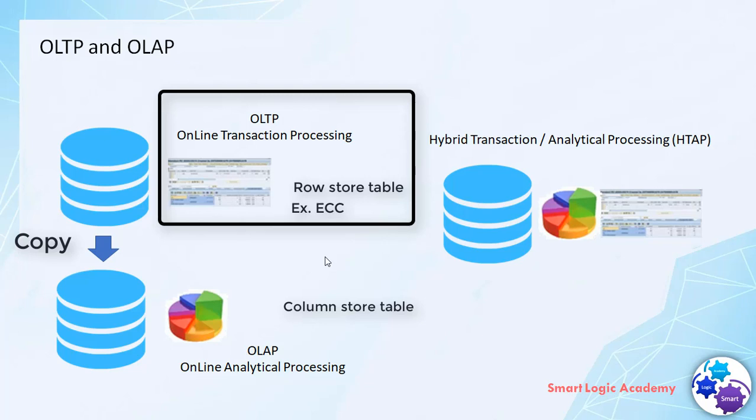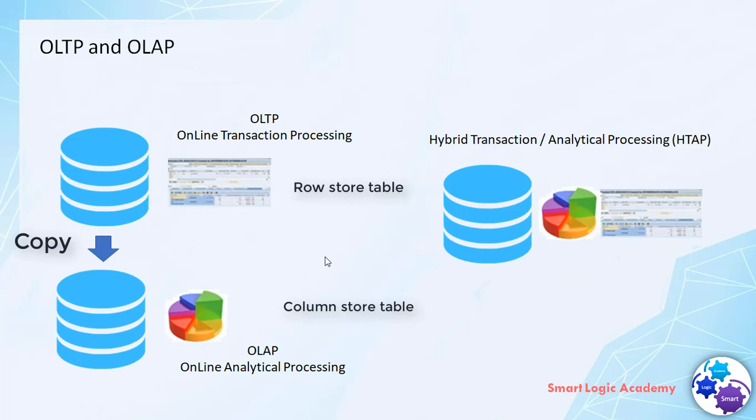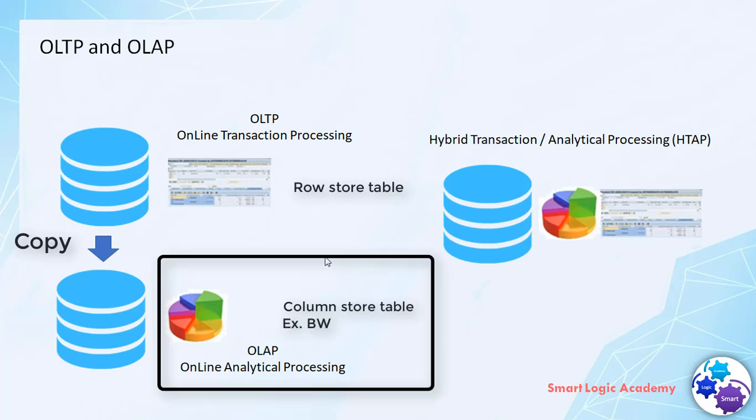Mostly such applications use database operations like read, insert, update, modify and delete. Whereas analytic applications are a type of business application software used to measure and improve the performance of business operations. Mostly such applications use the read database operation.